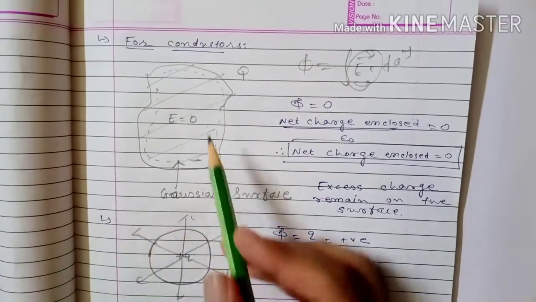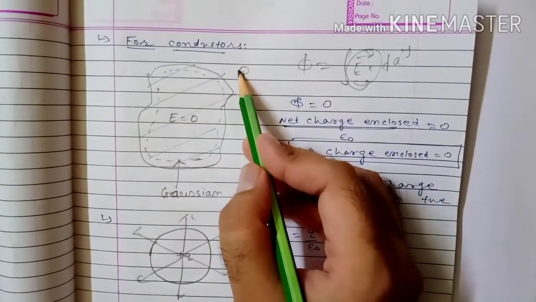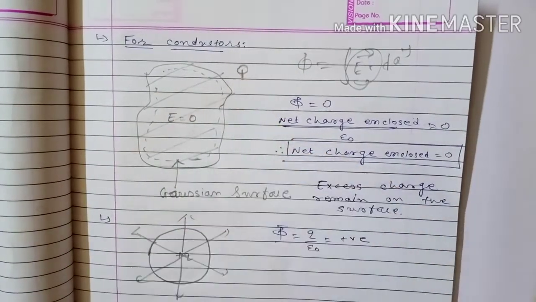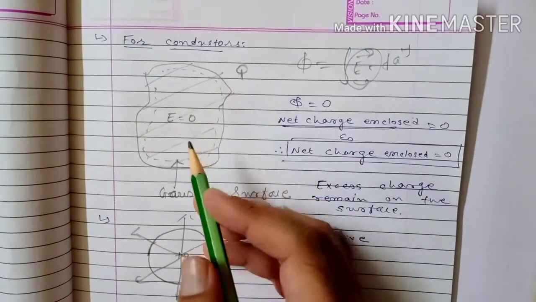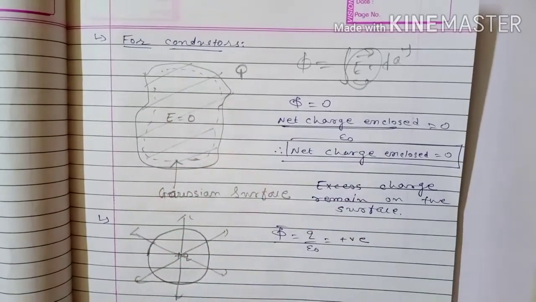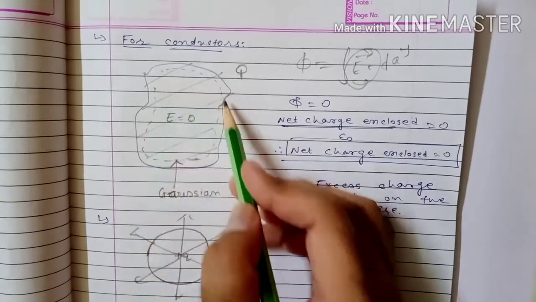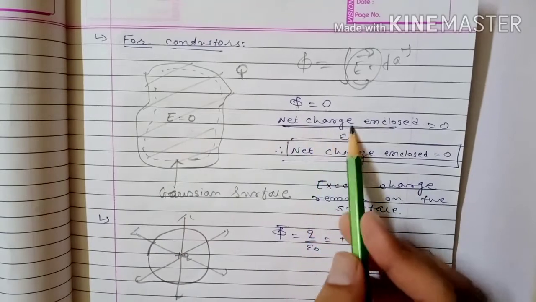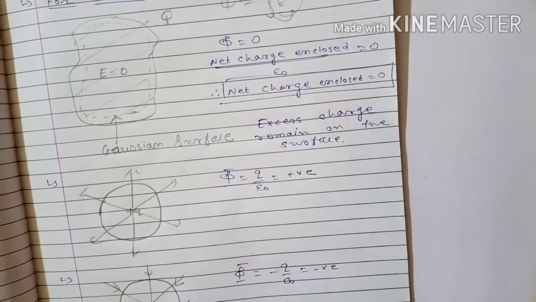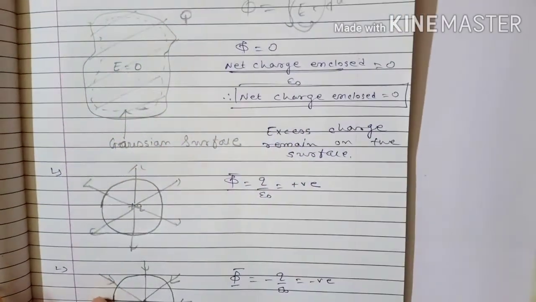If we give some excess amount of charge Q to the conductor, then this charge will lie on the surface of the conductor. Why? Because if I consider any closed surface inside this conductor, the flux is 0, therefore the net charge enclosed divided by epsilon naught is 0, so the net charge enclosed by the surface should be 0.